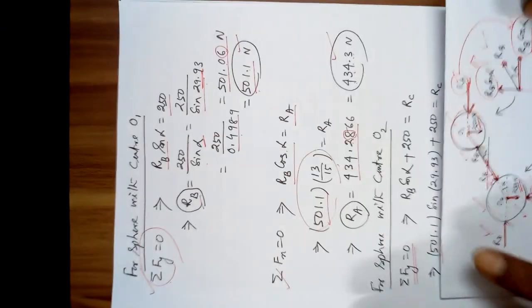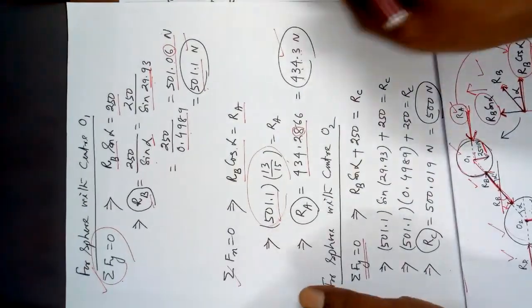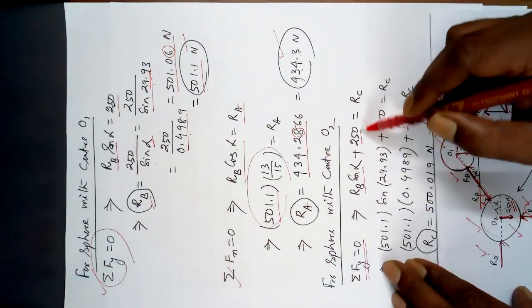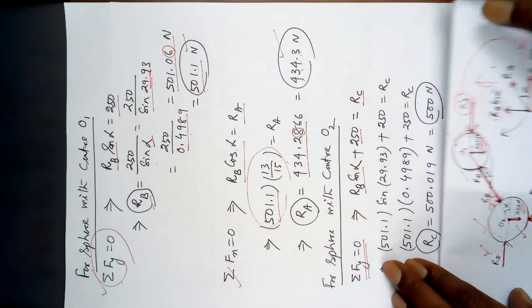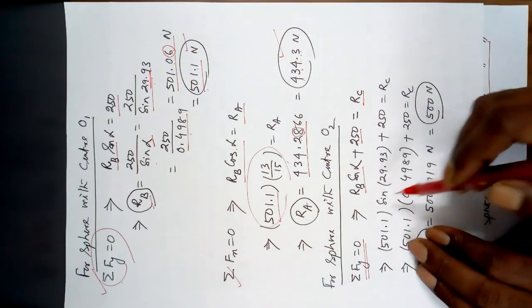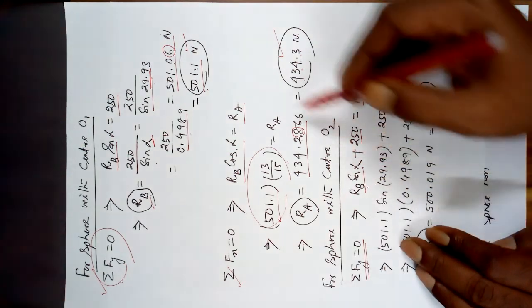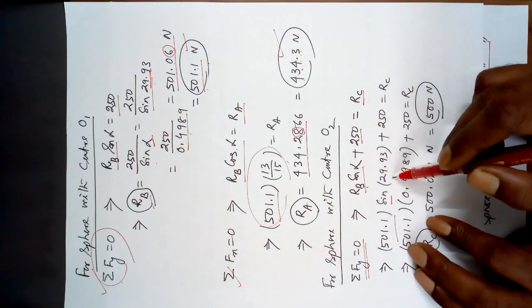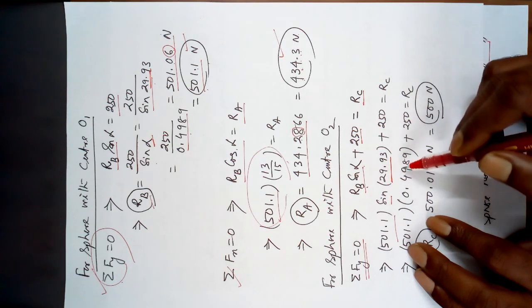So RB sin alpha downward, 250 downward, RC upward. So they must be equal and opposite. RB we have found out, I put it here, and sin alpha is put here.